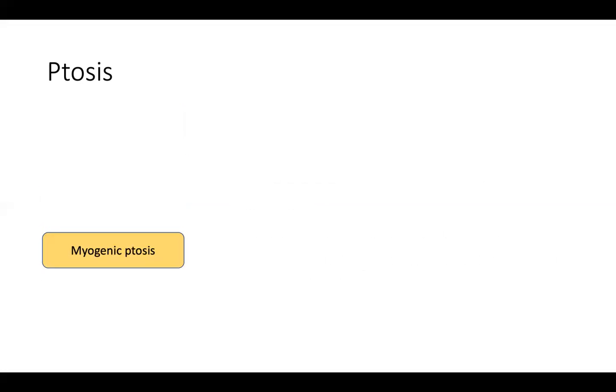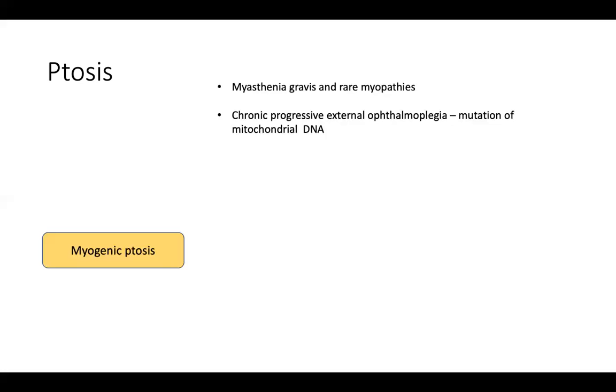The causes of myogenic ptosis include myasthenia gravis and a number of rare myopathies that manifest with ptosis. The term chronic progressive external ophthalmoplegia refers to a spectrum of systemic diseases caused by mutations of mitochondrial DNA.